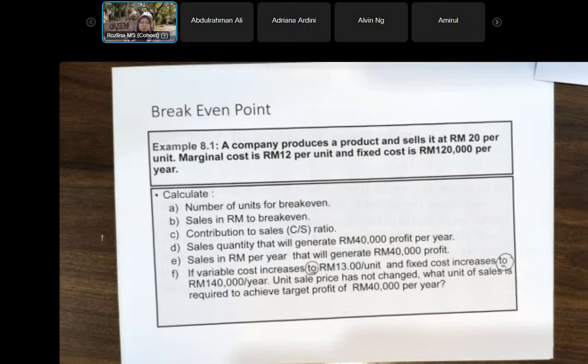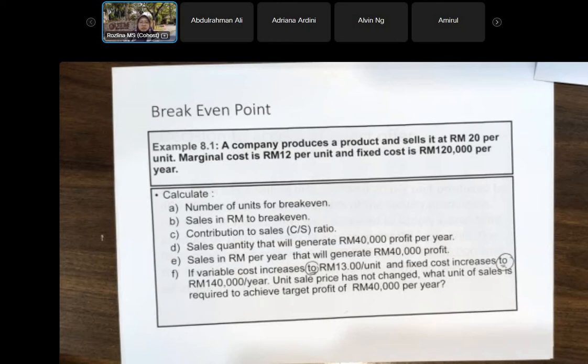Okay, now you go to the format for the marginal costing. Okay, you have the format of sales minus variable cost, you get the contribution, and then you minus with the fixed cost, and then you get the net profit. Okay, now you calculate for the sales. Okay, sales tadi, sales you is 20 cent per unit tau, ini per unit. So you have to multiply with the unit lah. Unit dia 400,000.